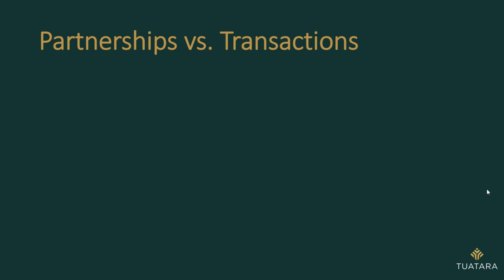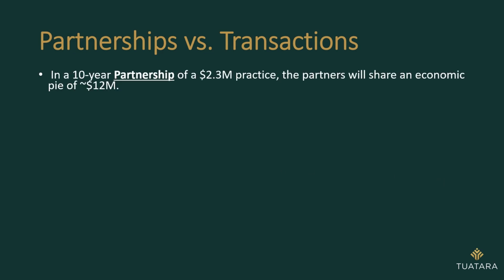before we dive into the more specific framework that we have to share with you. In order to set the context here for partnerships, I want to draw your attention to some numbers.